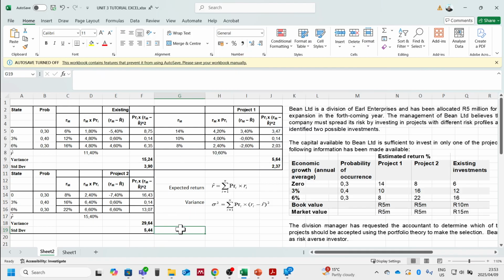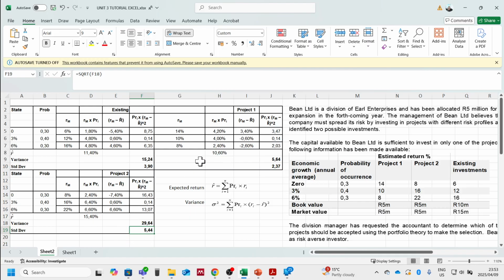So for the expected return of 15.4%, the risk associated with it is 5.44%.